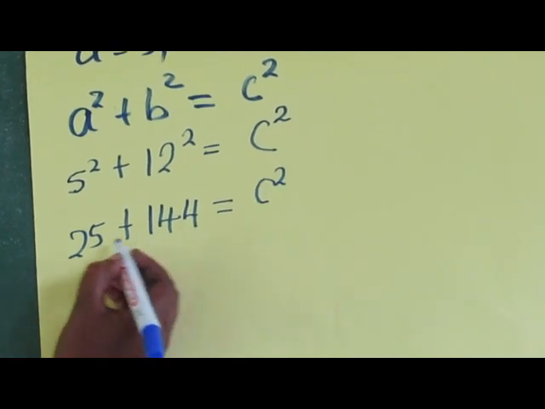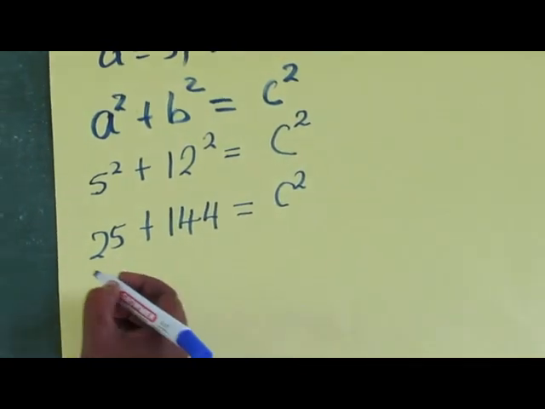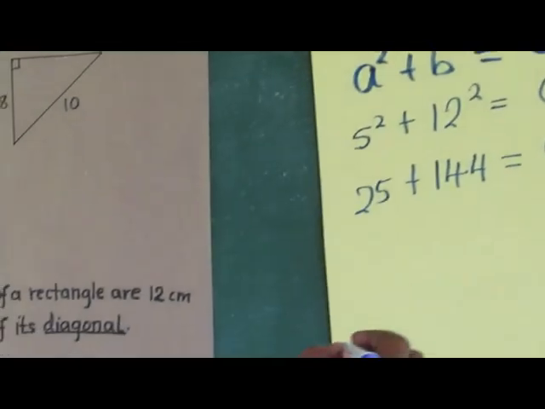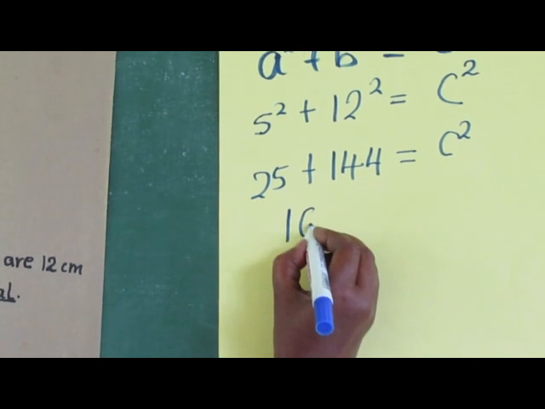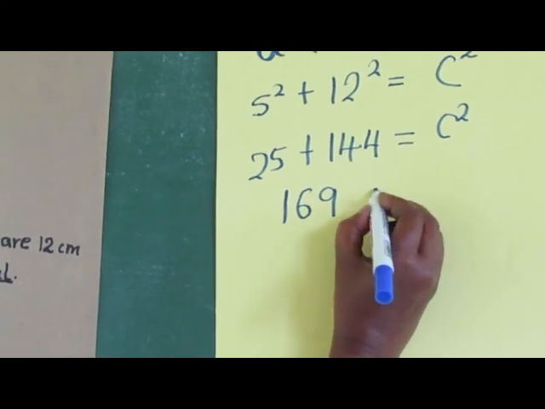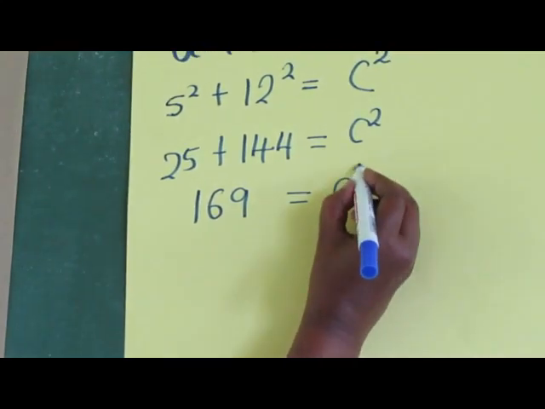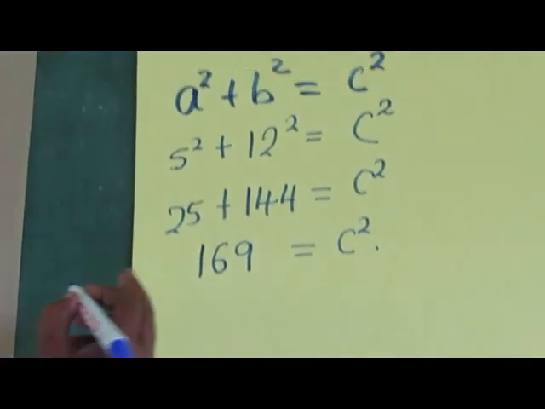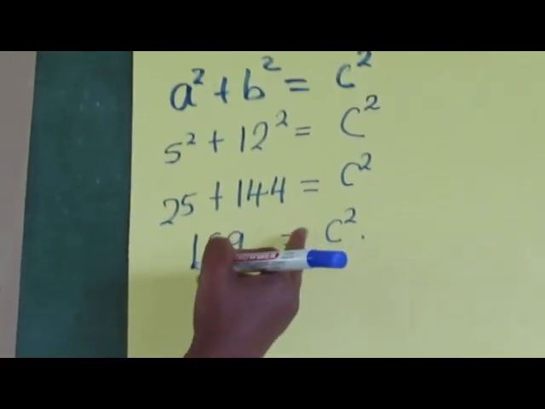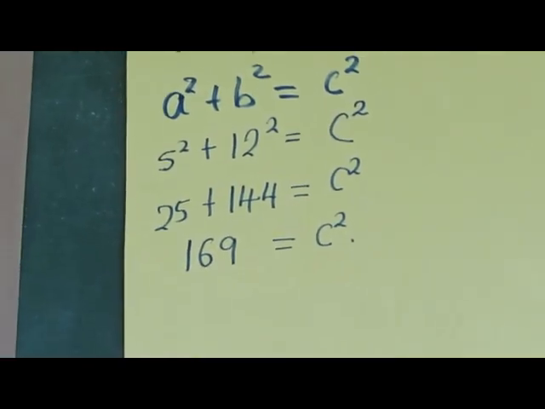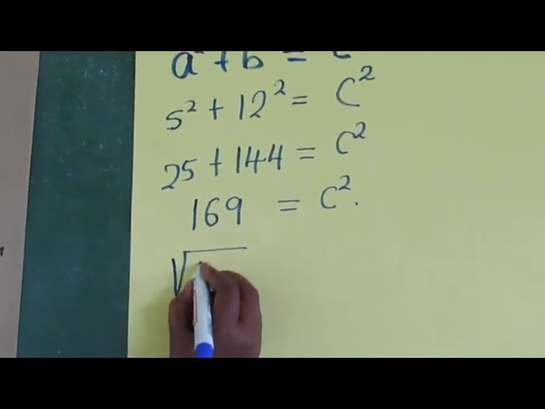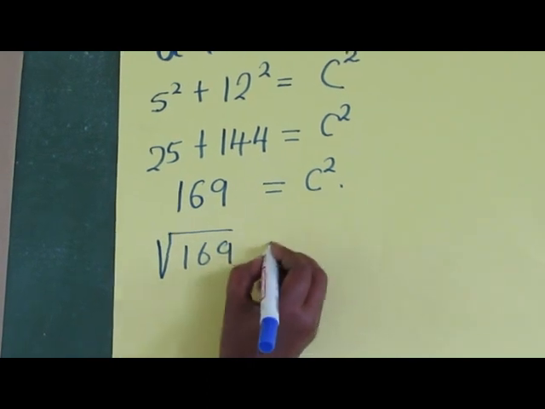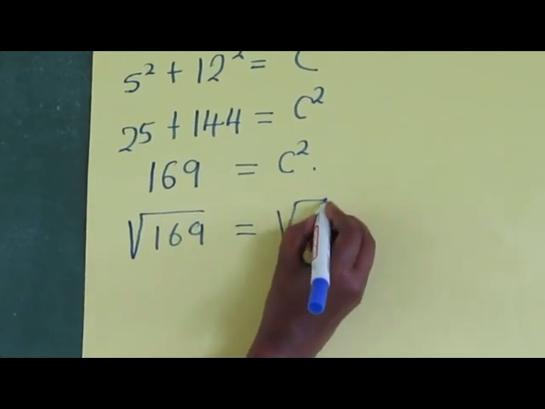Can you sum up these numbers, students? Yes. What is the sum? Good. 169, which is equal to c squared. Thereafter, you take the square root of both sides. Therefore, the square root of 169 is equal to the square root of c squared.